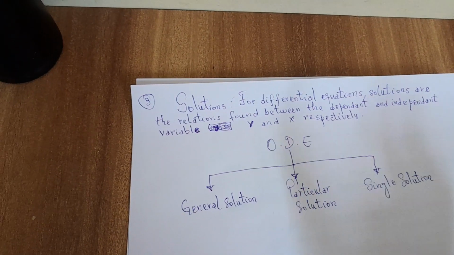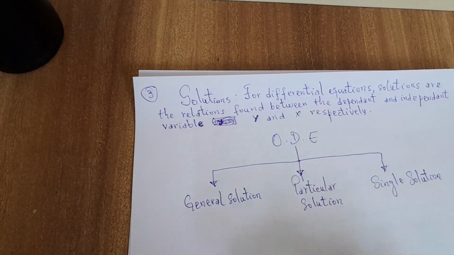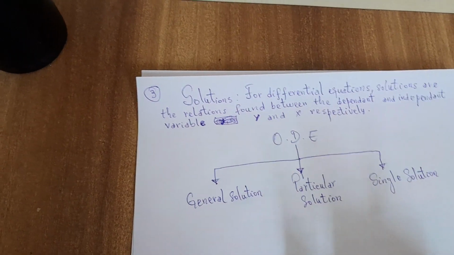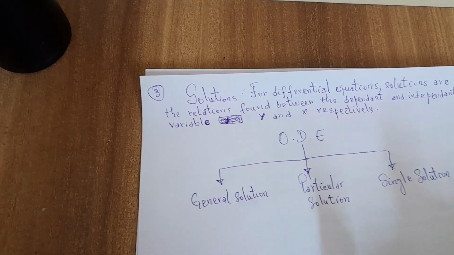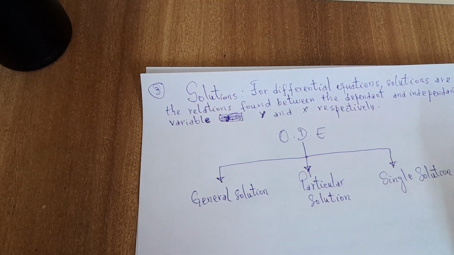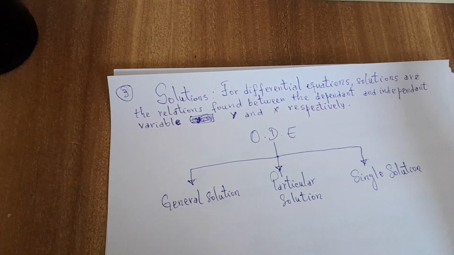The relation between y, which is known as the dependent variable, and x, the independent variable. This is the solution of this ordinary equation.